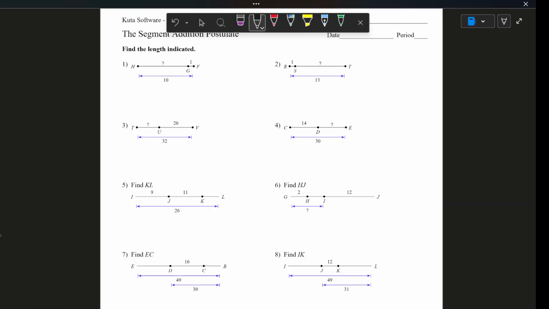All right, let's do this one. This one looks a little trickier, but we got this. So first, let's write down what we know.